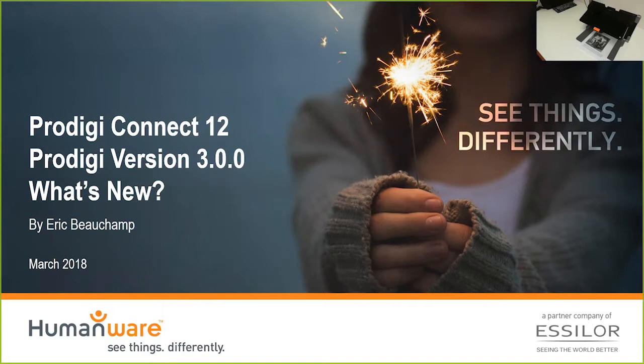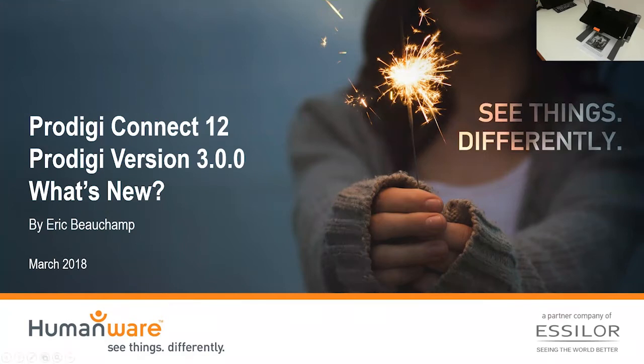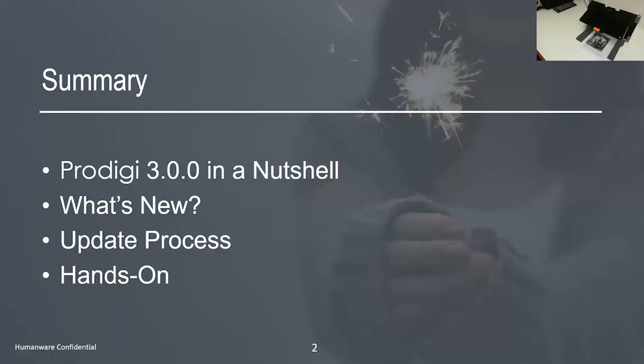Very happy about this version, and what we'll do today in this webinar is separated in 4 sections. First of all, I will have a nice little PowerPoint presentation for you that will show you Prodigy 3.0 in a nutshell. And then we're going to go through the new features, so the what's new section. And we'll go through also the update process.